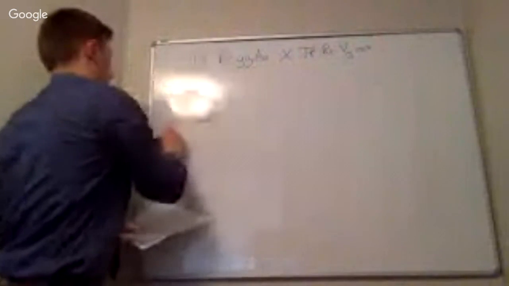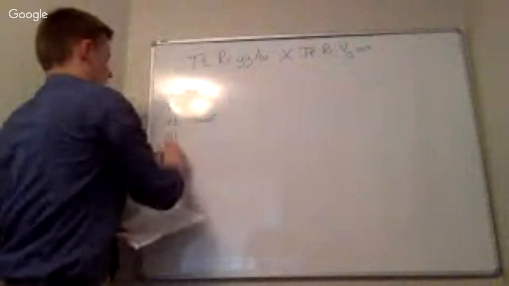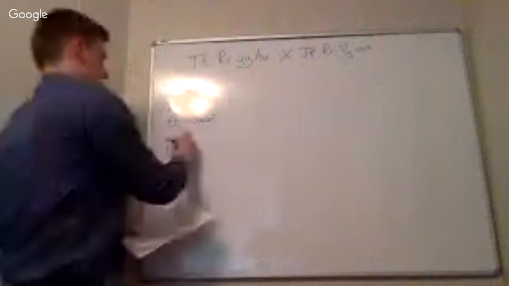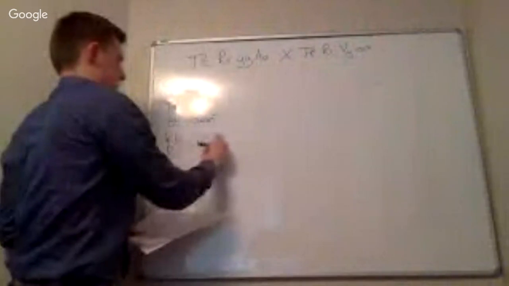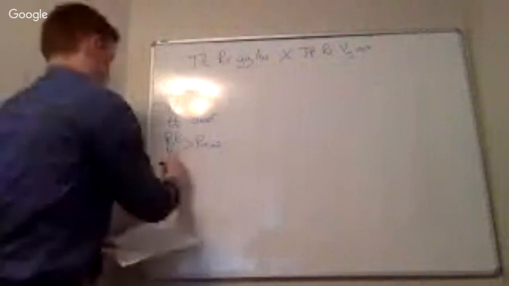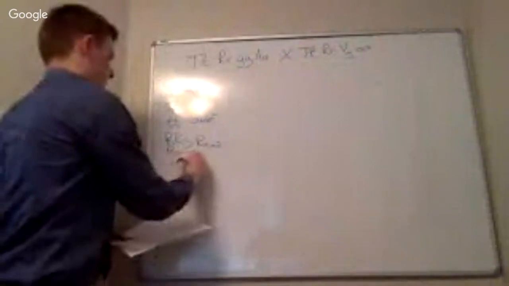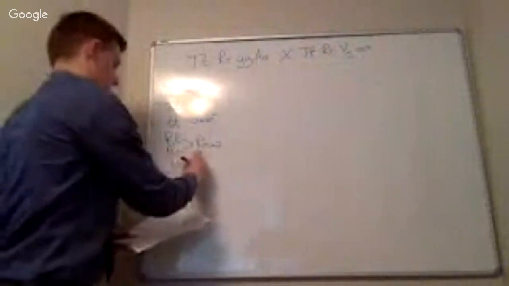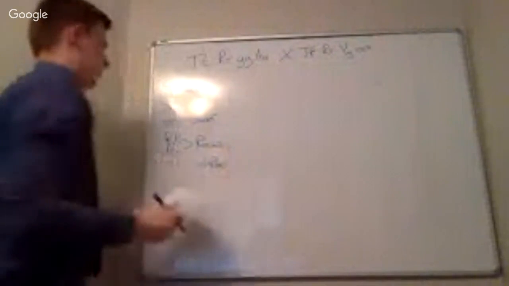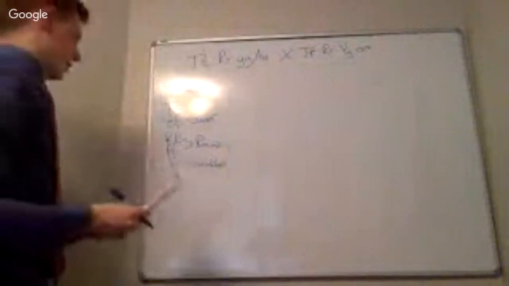And now if we go to R, and heterozygous R, these are going to be round. And then the homozygous recessive little r, well, that's going to be wrinkled. And so we can kind of see the pattern with that.